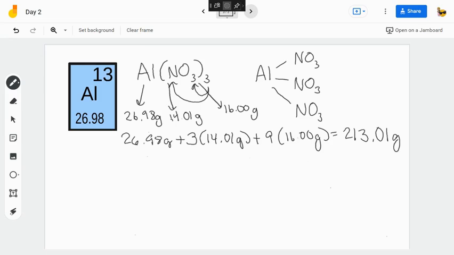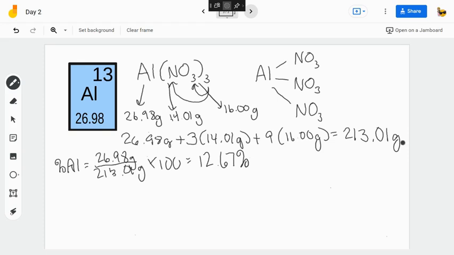Let's do the same here. So the percent aluminum is the part that's aluminum over the whole compound times 100. Rounding rules are the same as in math class.